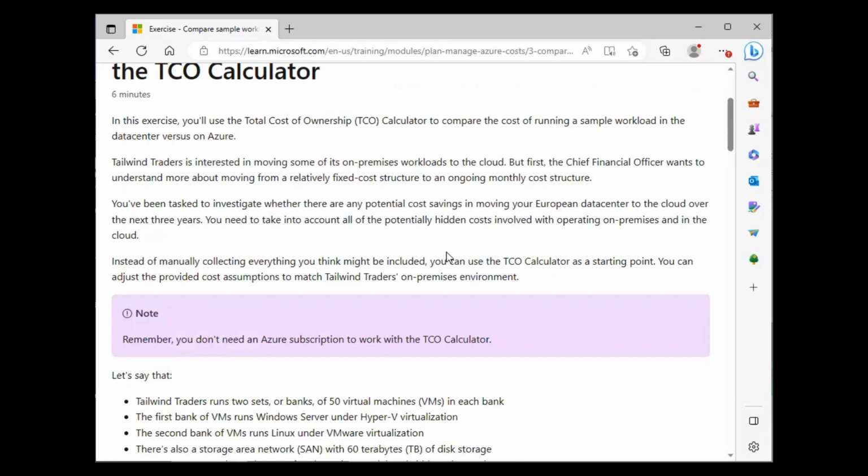Instead of manually collecting everything you think might be included, you can use the TCO calculator as a starting point. You can adjust the provided cost assumptions to match TableTrader's on-premise environment. Note: remember, you don't need an Azure subscription to work with the TCO calculator.